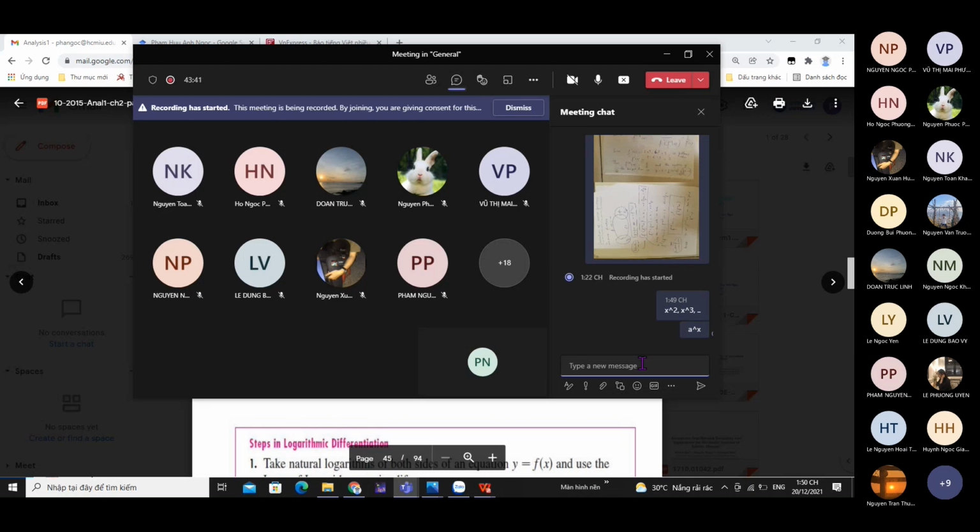An exponential function requires that a must be a constant. Moreover, a is a positive number. Here you have x to the x. It's not a power function, and it's not an exponential function. And that's why you cannot apply the formula for the derivative of a power function or of an exponential function.